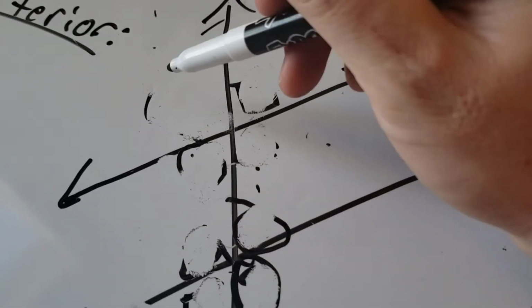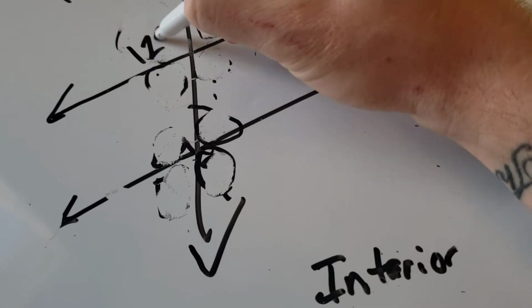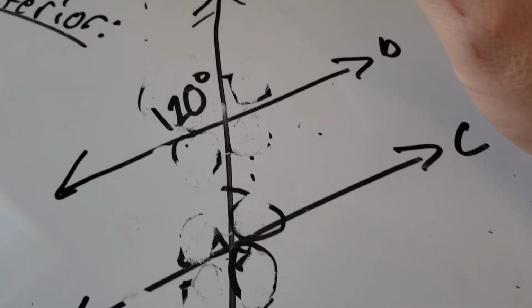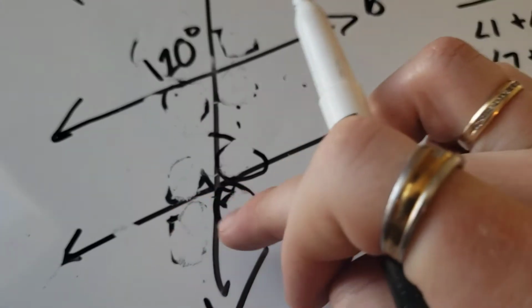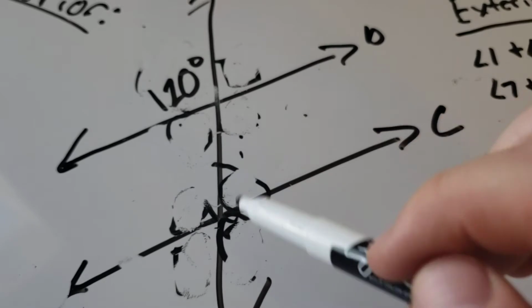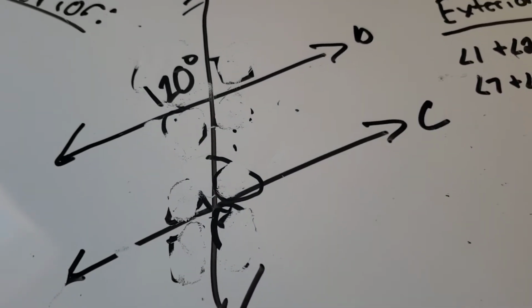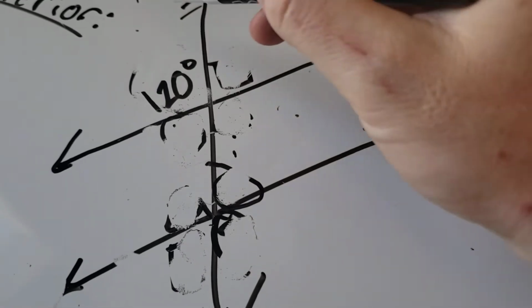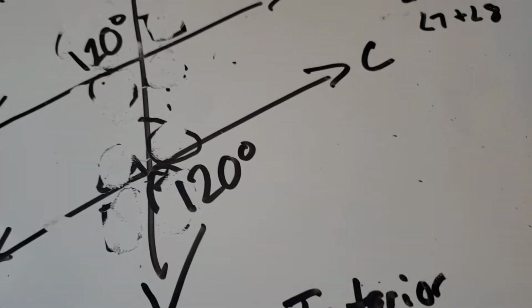All right, so I'm going to tell you that this angle right here is 120 degrees. So we could skip right away to this angle right here because this 120 degree angle and this angle are alternate exterior angles. So if this one's 120, this also has to be 120.